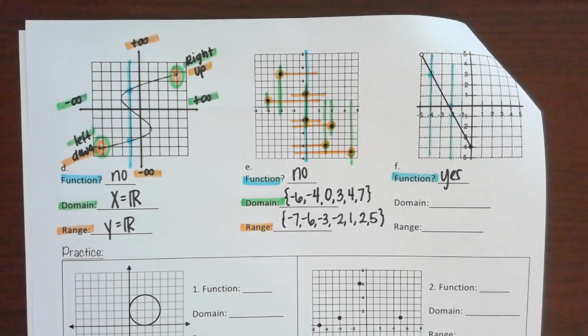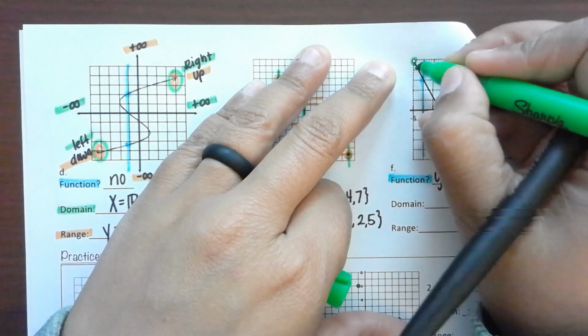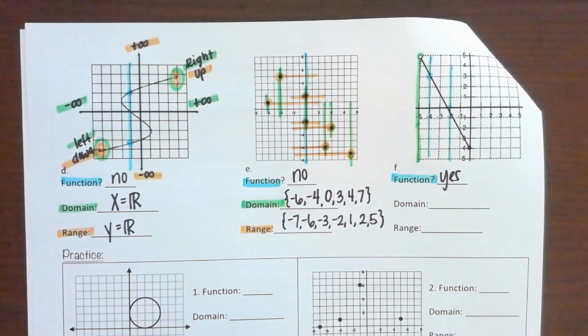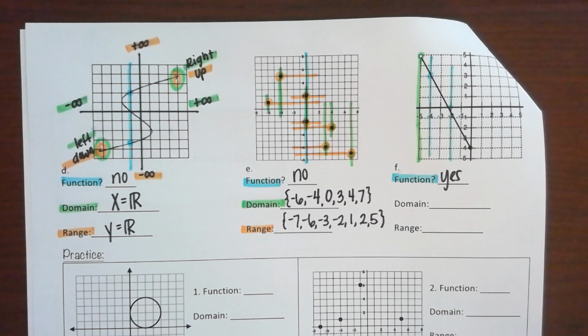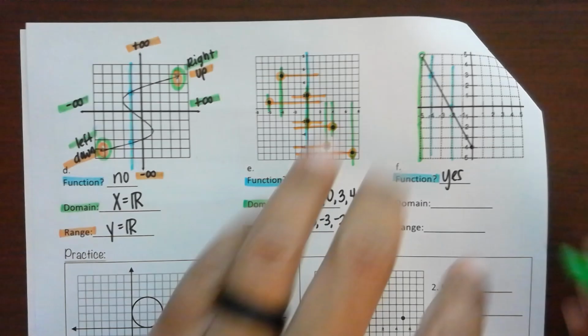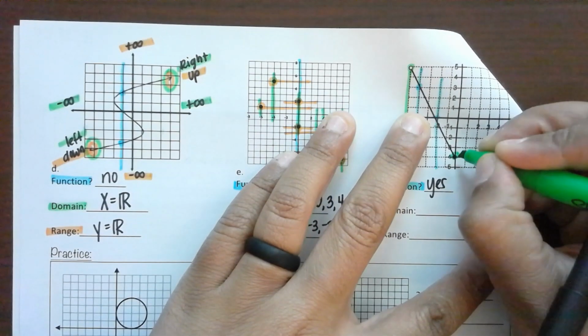How do I start with my domain? Leftmost point, left to right. So leftmost point is, because it's on the left side of the graph. Then, so rightmost point, I heard that, which is 0, because it hits the y-axis.